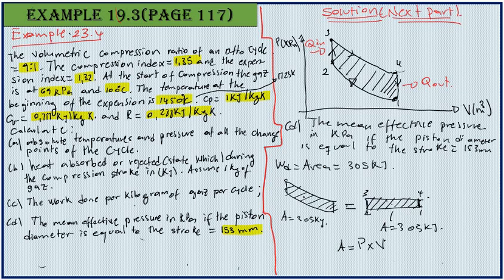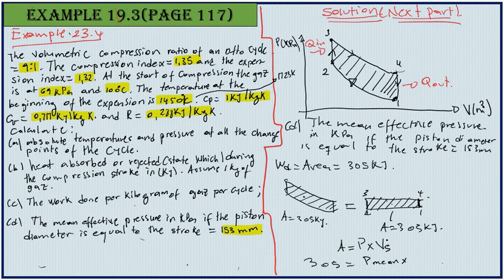So we just need to use this relation. We are going to have the work, which is given by the mean pressure multiplied by the volume. Here we need to use the swept volume, so we need to have Vs here.